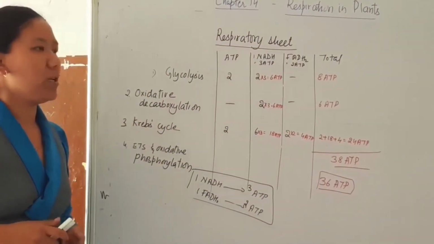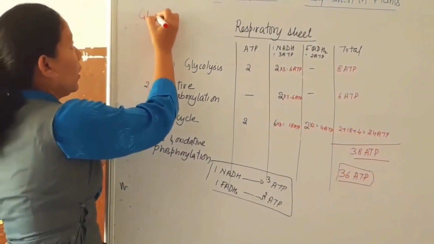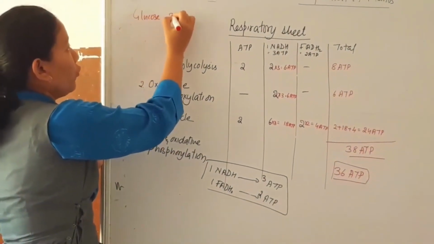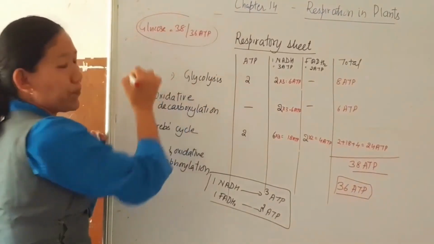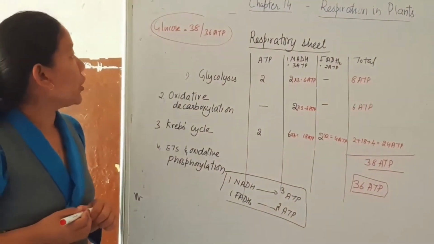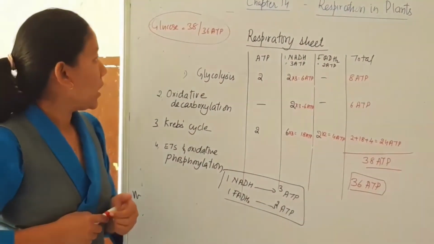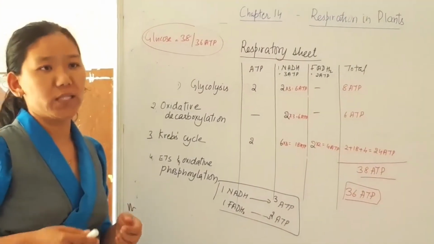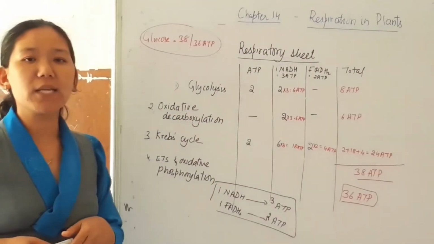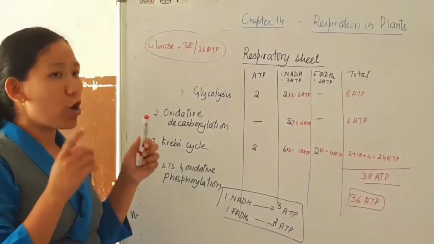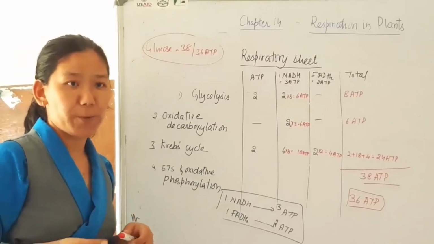Now again here, is it true that glucose will always give you 38 or 36 ATP all the time? So this balance sheet or respiratory sheet is explained with a few assumptions. The very first assumption is that we talk about only glucose as a respiratory substrate.